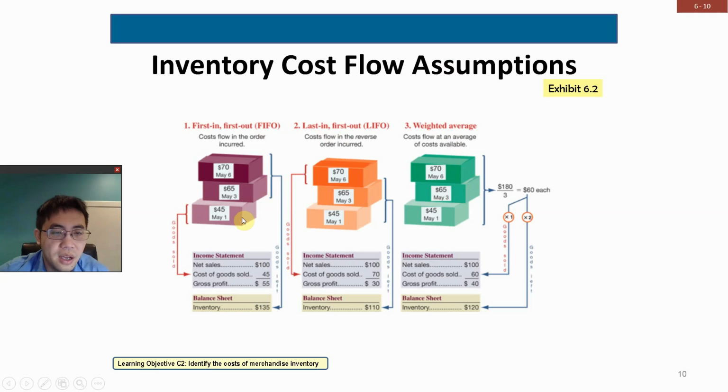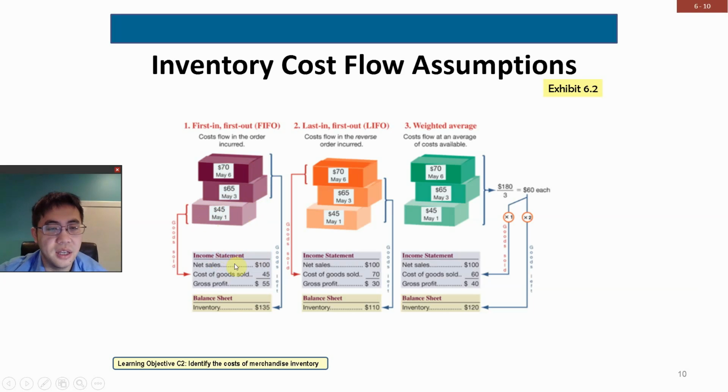So let's look at the income statement. Let's say the sale of your products for one block, okay, there are 3 blocks here, is $100. All right. If you use the first in, first out method, then you get rid of the oldest inventory, which was purchased on May the 1st.